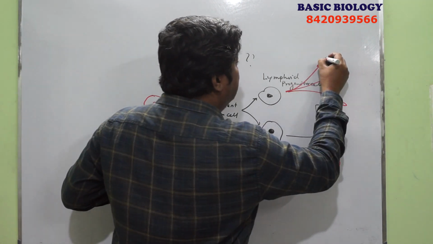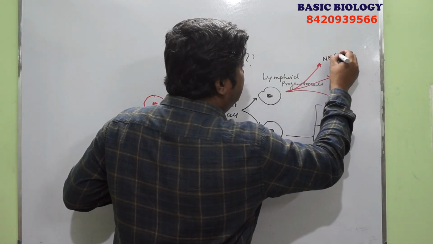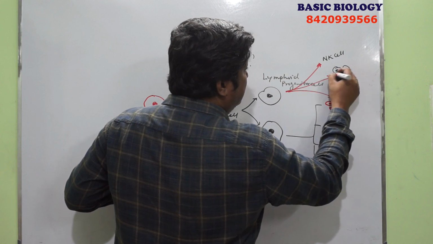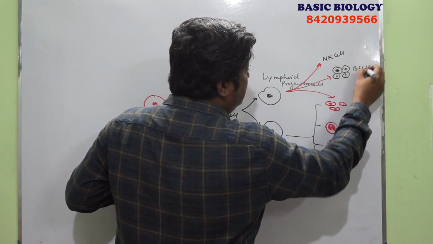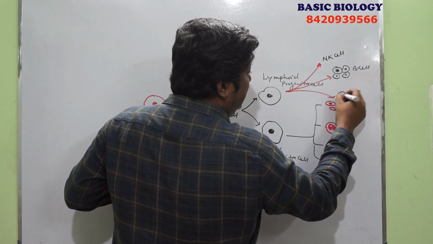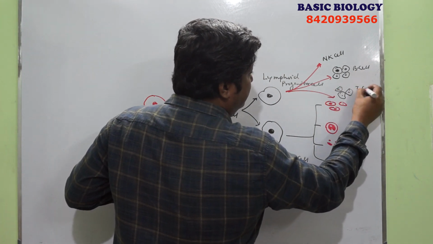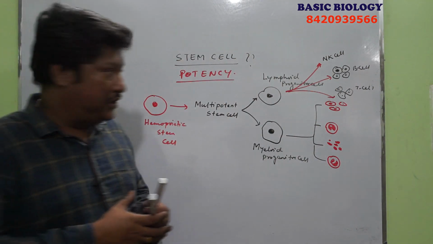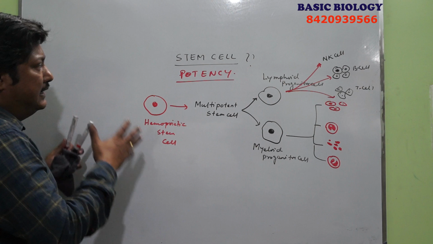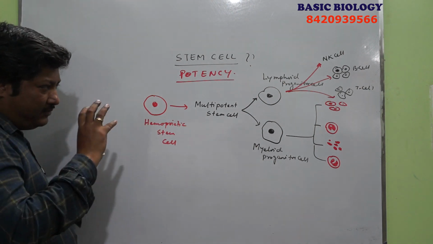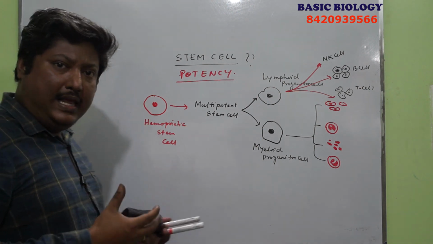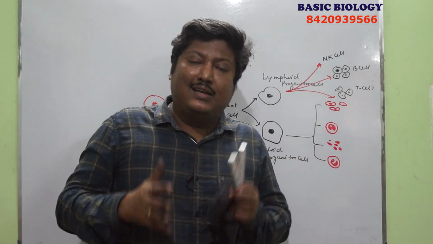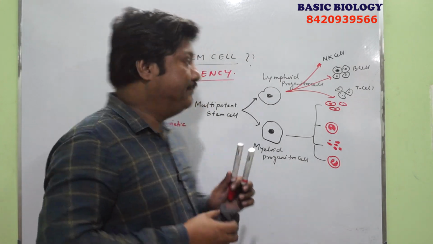Say for example, natural killer cell, the B cell, the T cell. So this is also the restricted type of division. So in case of progenitor cell, their capacity of self-renewal and the capacity of division as well as their commitments all are a limited and restricted process.